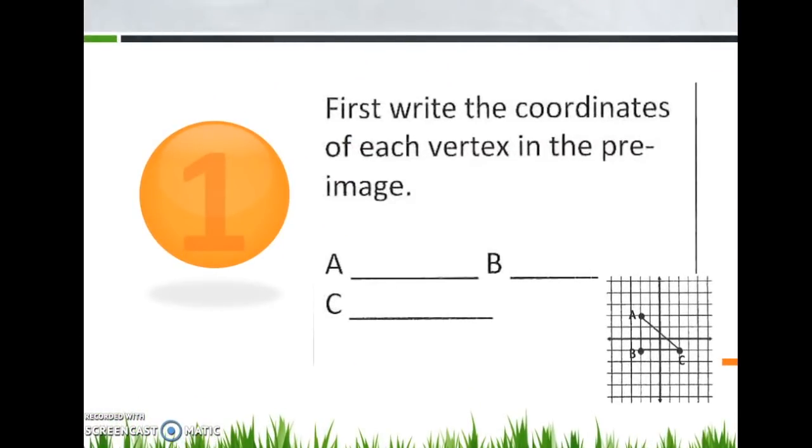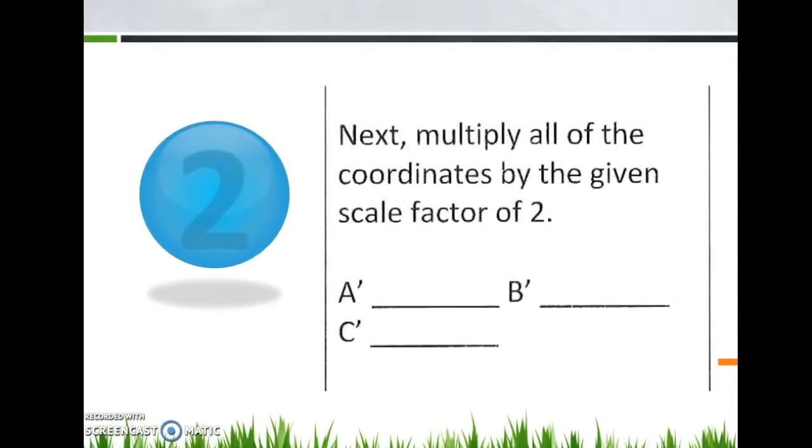First, we're going to write the coordinates for each vertex in the pre-image. Remember, the pre-image is the image before any transformation. So we're going to read the A point, which is -2, 2, B, -2, -1, and C, 2, -1. Step 2, we are going to multiply all of the coordinates by the given scale factor, which is 2.